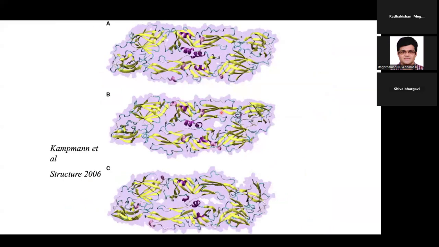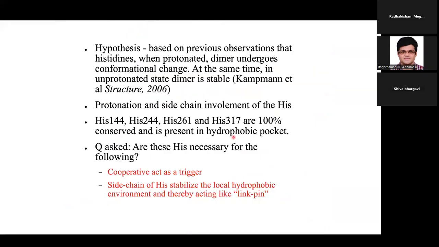So when we looked at, irrespective of how many histidines there are, if we protonate all the histidines and run a simulation, we see these small gaps. That means at some point of time, the dimer is dissociating. So the hypothesis was that if all histidines are required, what particular histidines are conserved?